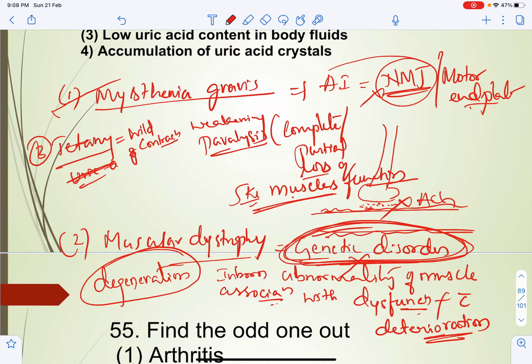So complete spasm, that is wild contraction, we can say rapid spasm, mainly due to low availability of calcium. Less calcium ion will be there. So that is the reason in case of tetany, wild contraction.